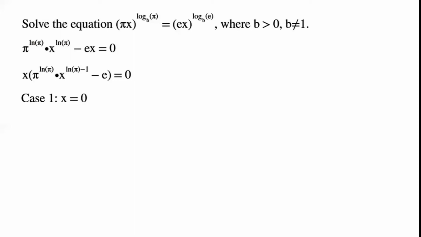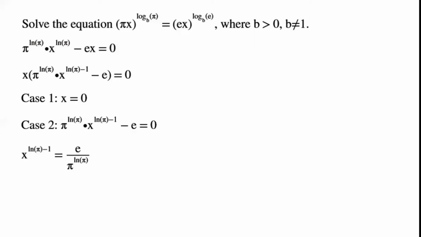Case 1, x equals 0. Case 2, π^(ln π) x^(ln π − 1) minus e equals 0.